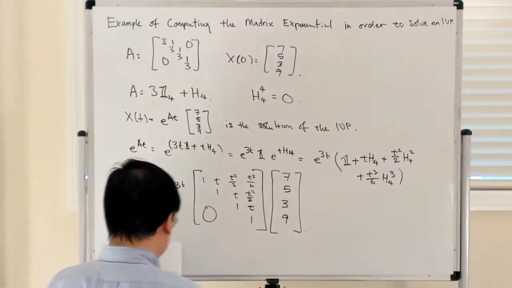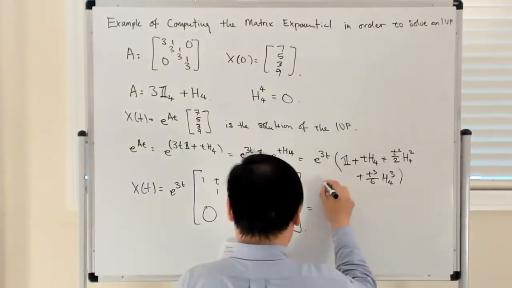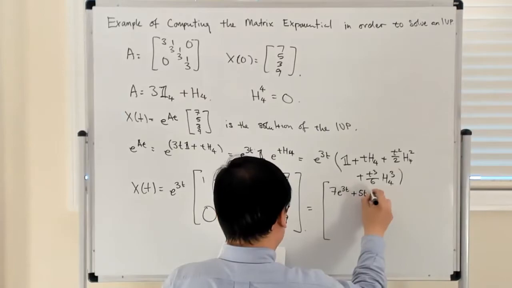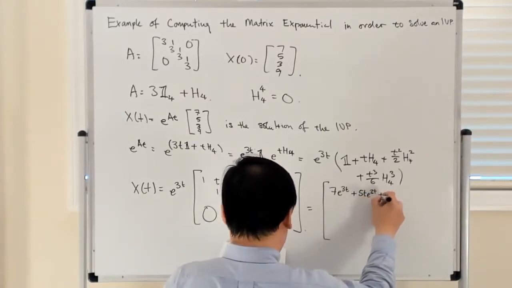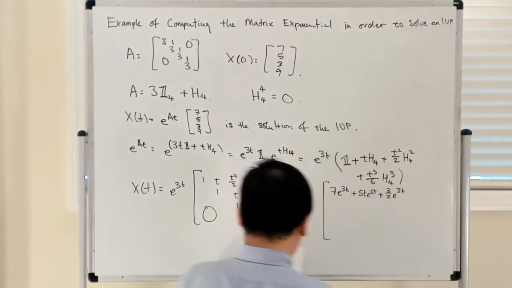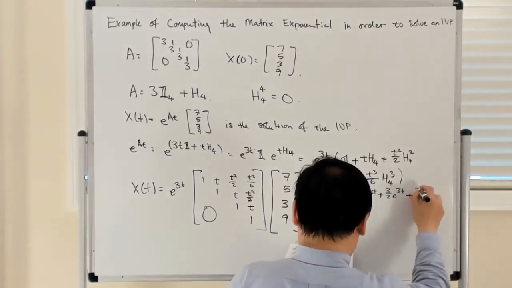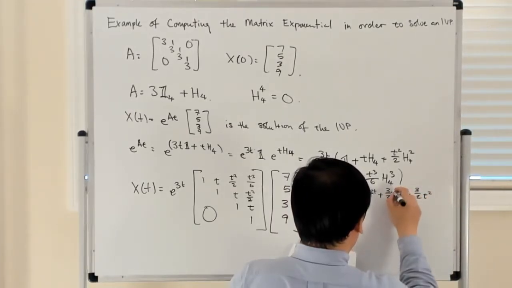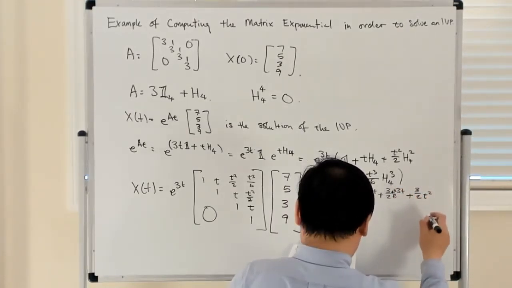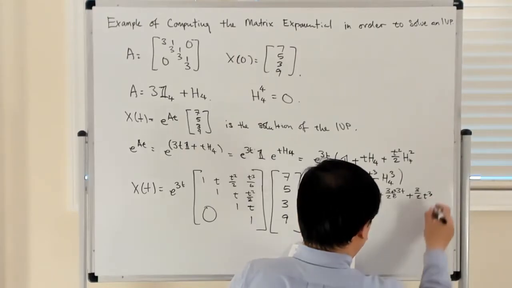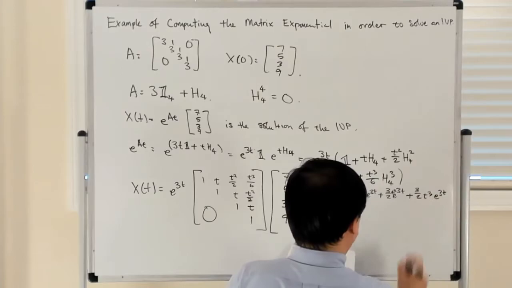And you can write this down explicitly. So this looks like 7 e to the 3t plus 5t e to the 3t plus 3 over 2 t squared e to the 3t, and sorry, there's a t cubed here, so plus 3 over 2 t cubed e to the 3t.